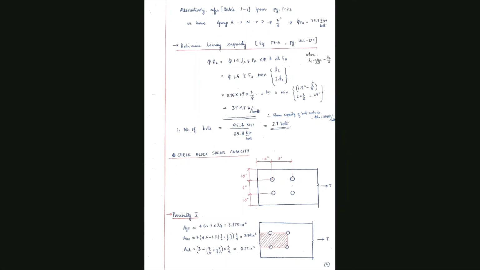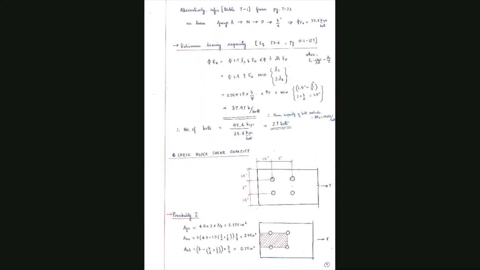We have found the number of bolts, and we have been told to use 2 layers of bolts in a grid arrangement. So we have to take it to the next multiple of 2. Therefore, we require 4 bolts. This is how the arrangement looks after we have given sufficient spacing as well as edge distances.